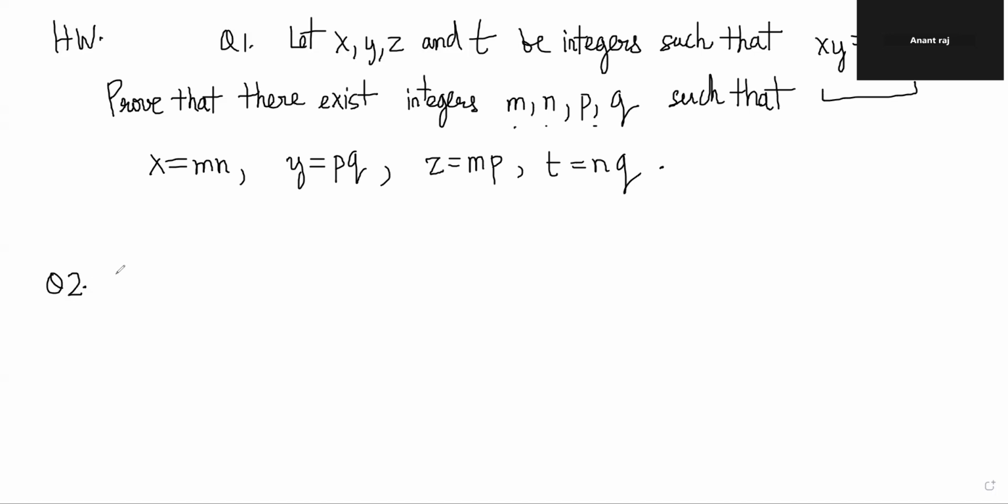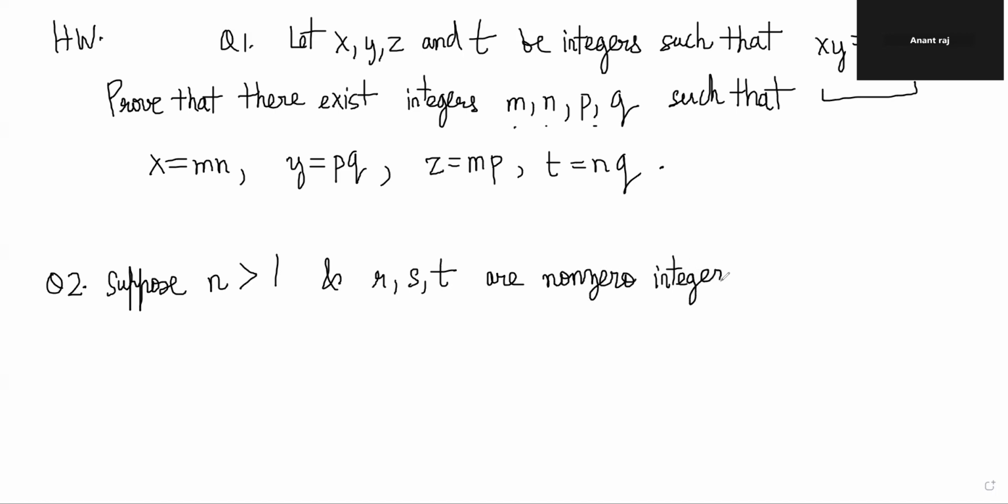Okay. Second question is, suppose n is greater than 1 and r, s, t are non-zero integers such that r power n is equal to s power n times t.